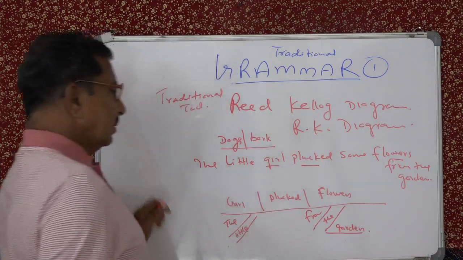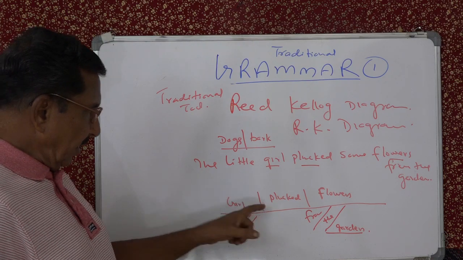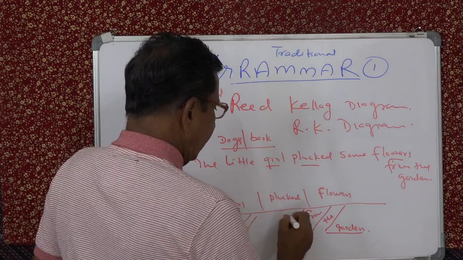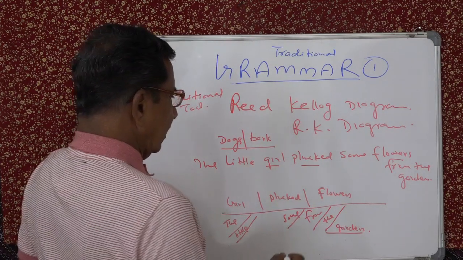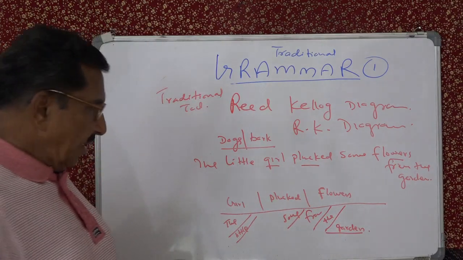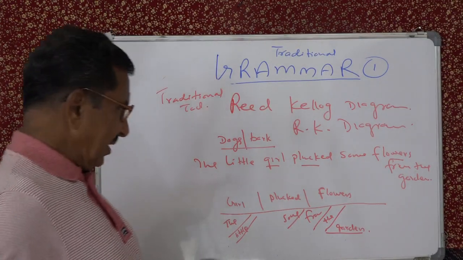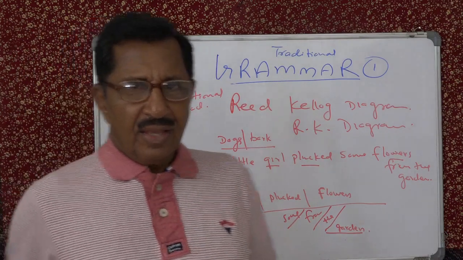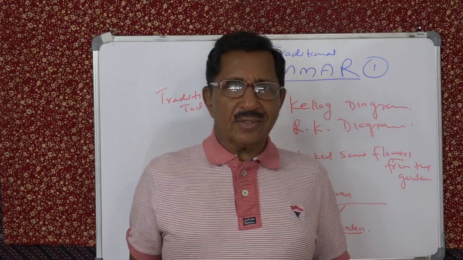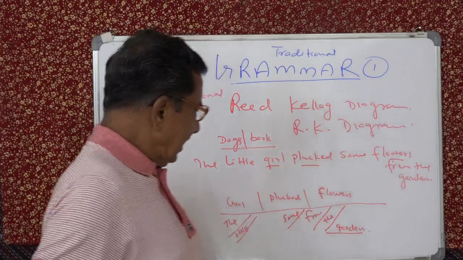So this is how it will be described. This is a Reed-Kellogg diagram. This is not used now, but it has modifications. Actually, when you see the IC cut and all those things, what is it? It's a modification. So this is the Reed-Kellogg diagram.